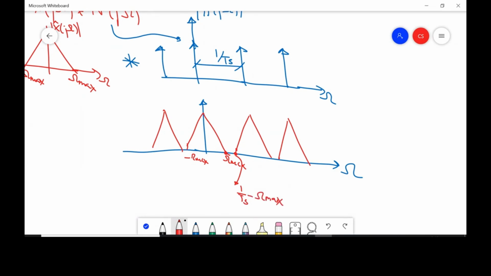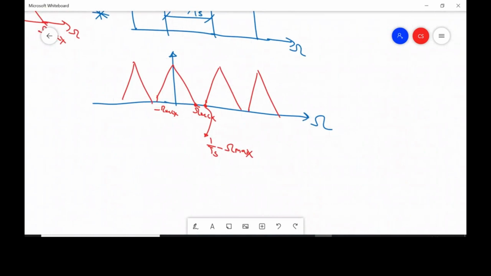Do you agree? Okay, so let's see at which point these two spectra overlap. We have a copy every 1 over Ts, and the same at 2 over Ts and so on. Let's look at this one and see at which point it overlaps.